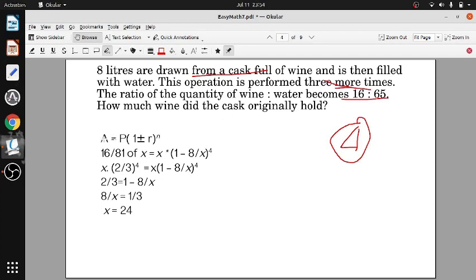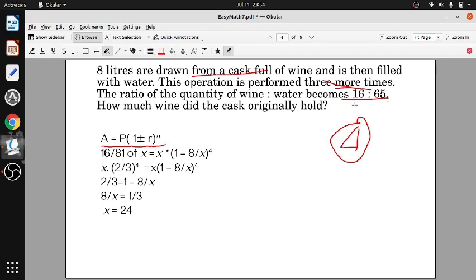Again, the same compound interest formula. A equals P bracket 1 plus minus R whole power n. Plus for increase, minus for decrease, R is the fractional change, and n is the number of operations performed. Now 16 is to 65 would mean 16 and 65 total is 81.